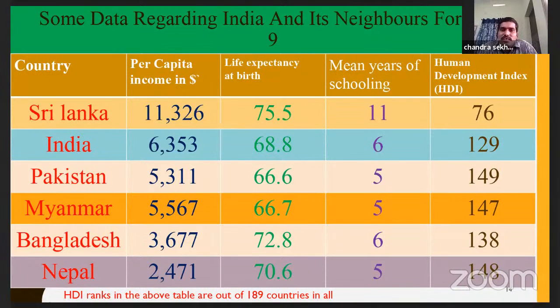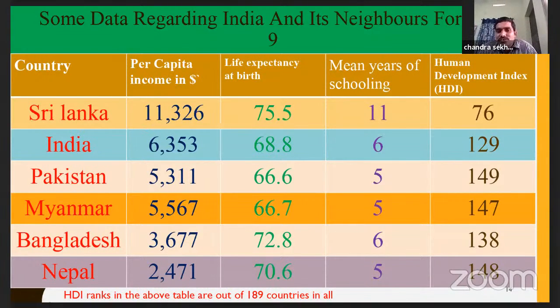Which one? Sri Lanka. Sri Lanka has $11,326 of per capita income. Sri Lanka is ahead of India's per capita income. Sri Lanka is a small country, just like a teardrop in the Indian Ocean, but it has more per capita income than India.